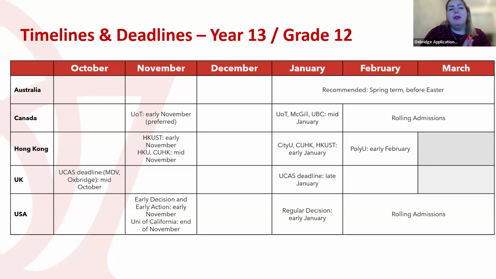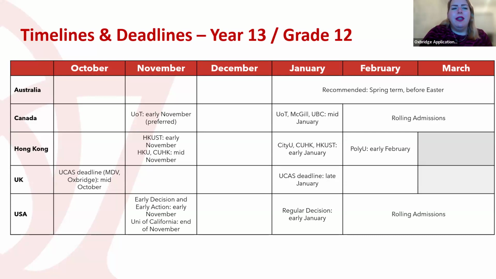But then as we progress into November and December onwards, you can see that this is where the international landscape does change, where some universities have quite firm deadlines in November. Some might have early preferred deadlines because they have multiple times that you can apply.